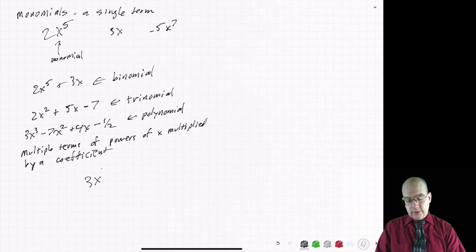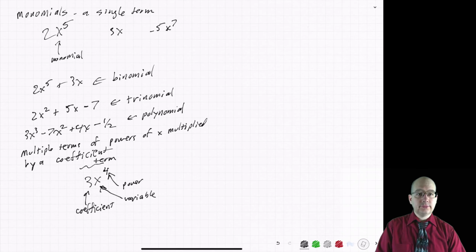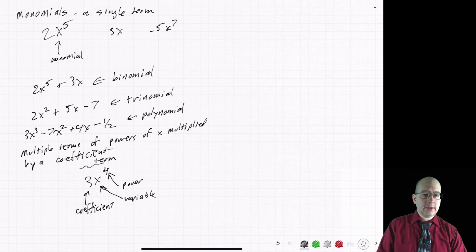So the term, well, maybe just to make it clear, to use the same number, 3x to the fourth: this is the coefficient, that's the power, and that is the variable, x usually, but it can be any letter or symbol you want to have, just not a number.